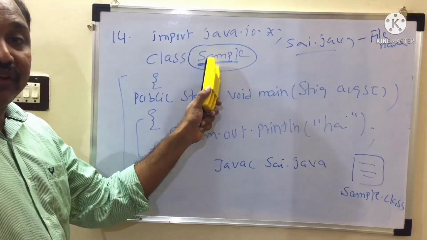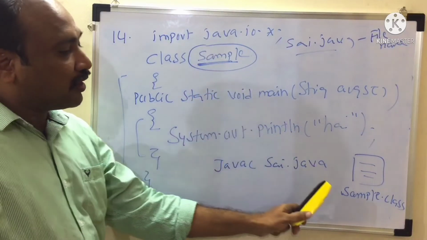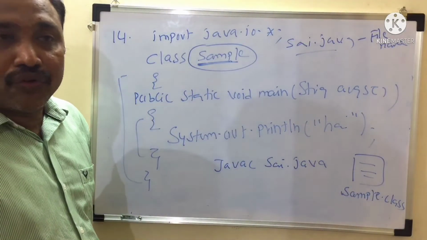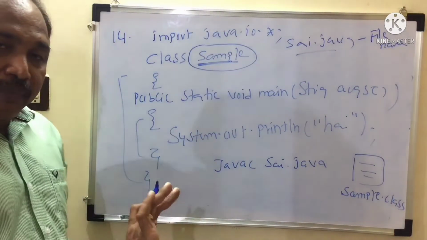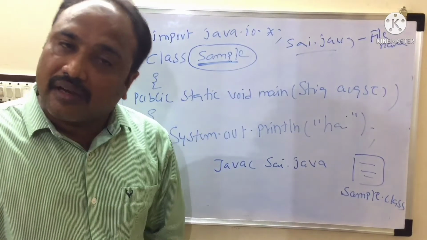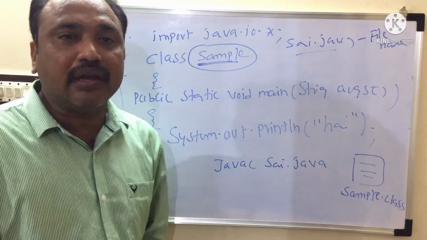What is the class name we are using here? Sample. With the class name, a file is created. There, byte code is stored. If we have n number of classes, n number of .class files are created. Okay?